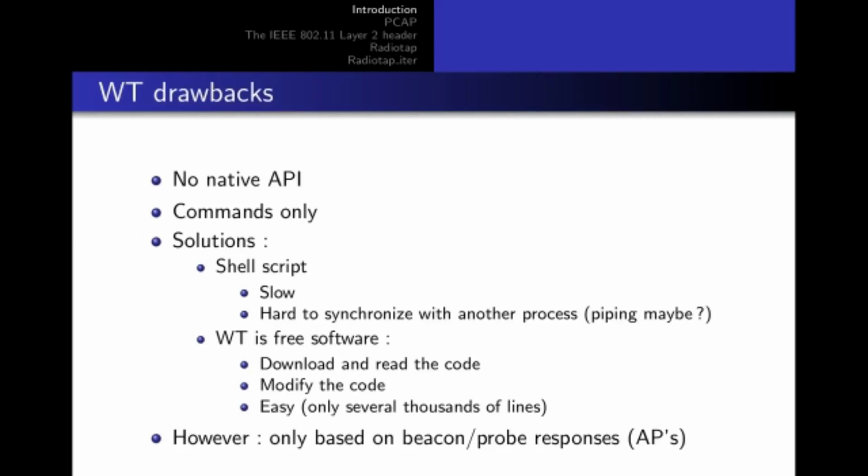But since it's free software, you can download and read the code and modify it, and it's quite easy to understand with only several thousands of lines. However, it's only based on beacons and probe responses from the access points, so you cannot use it to get RSSI for any packet.